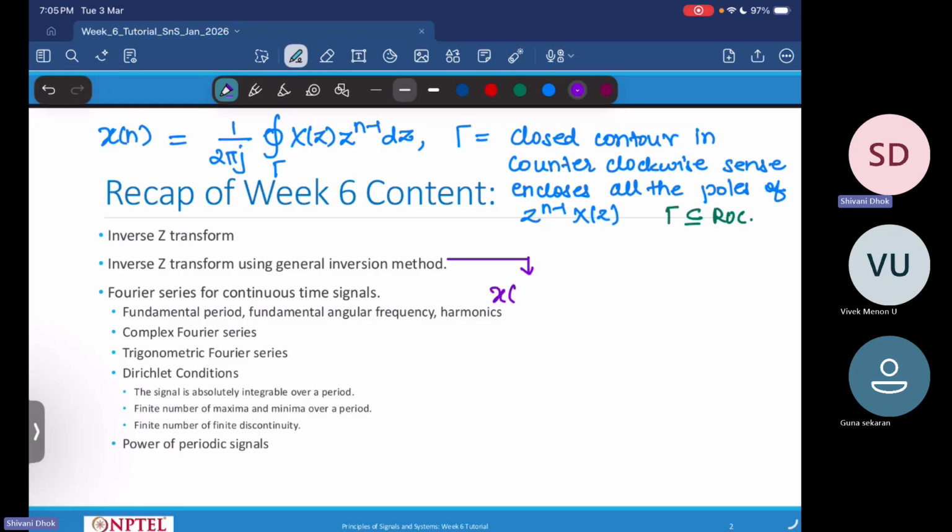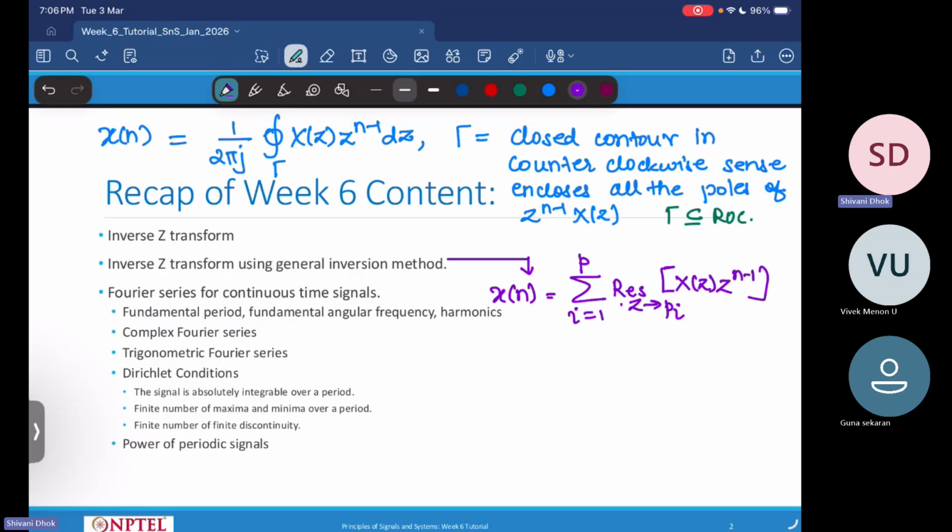We said that we can write x of n as the summation over i equal to 1 to p, where p is the number of poles, of the residue at z tending to pi, that is your ith pole, of this quantity.